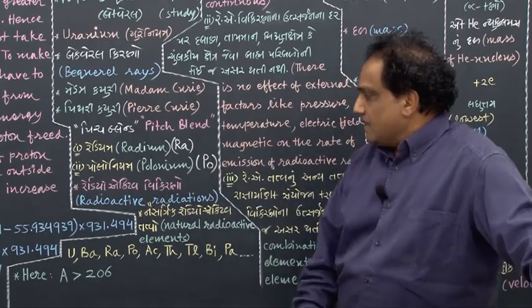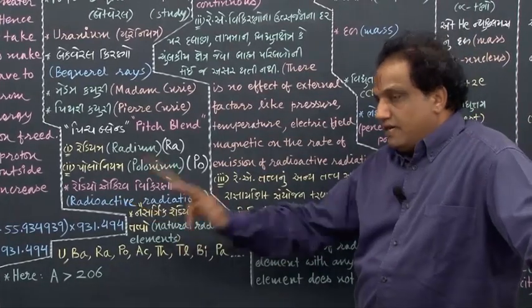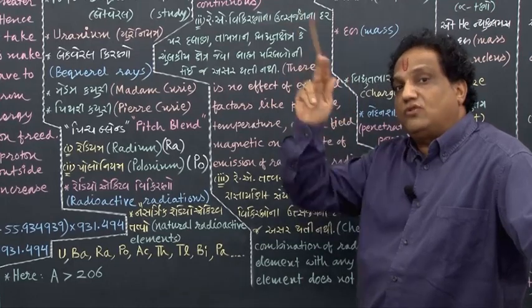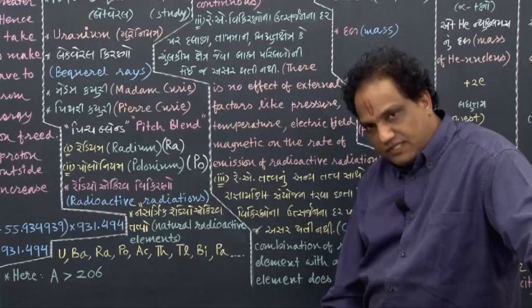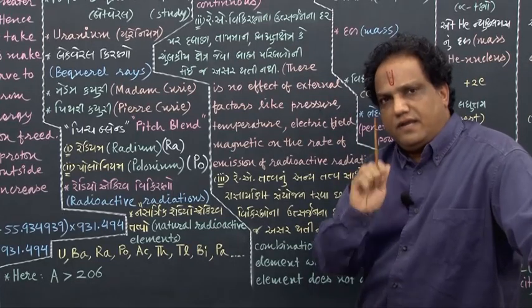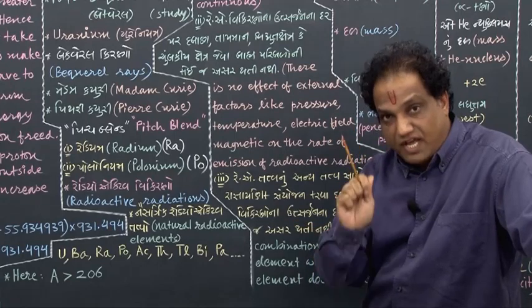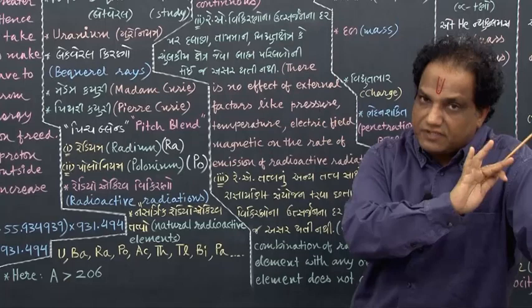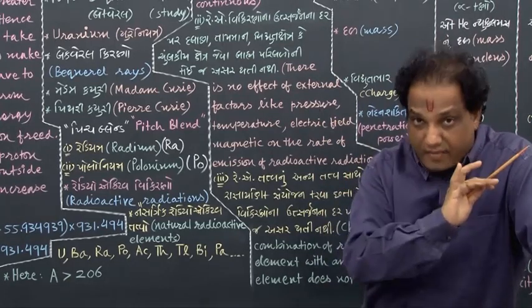As I said, initially they were called Becquerel rays, but later on they became famous with this name, radioactive radiations. And any substance, any element having this property of natural radioactivity is called natural radioactive element. Let us see some examples of natural radioactive elements.